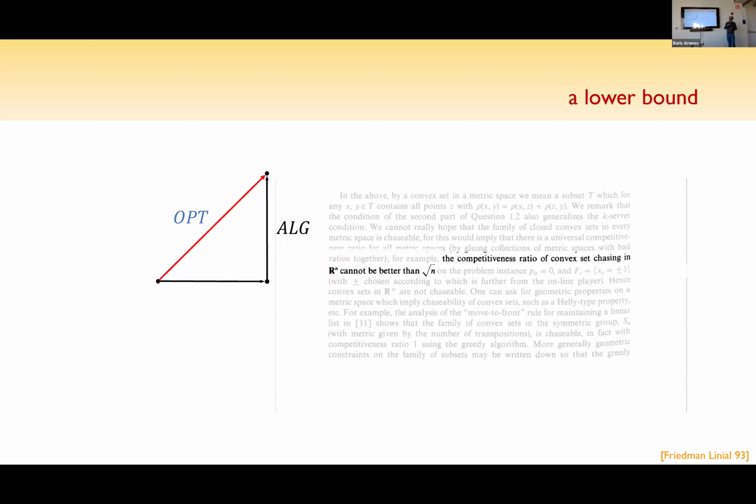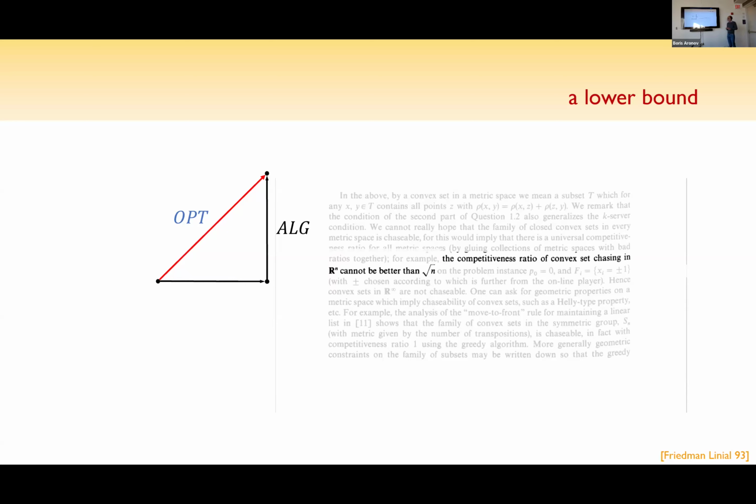You can talk about the problem for various norms, and results are known, and I'll try to indicate which results are known for general norms and which for Euclidean, but right now just keep Euclidean. Okay. Lower bound of square root D for Euclidean. In fact, you can show a lower bound of square root D for any L_p norm. But maybe let's just keep it simple.